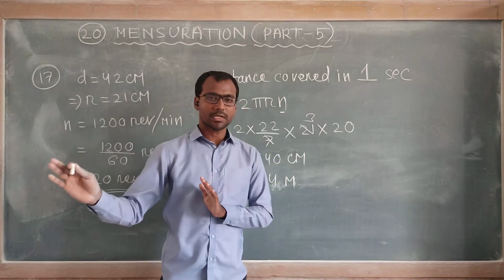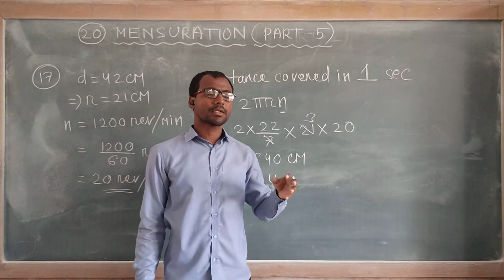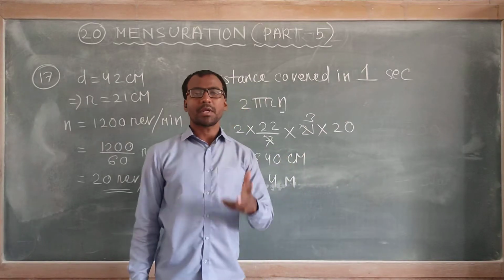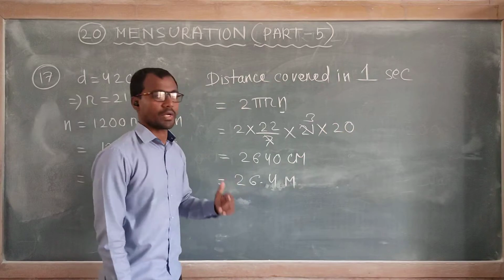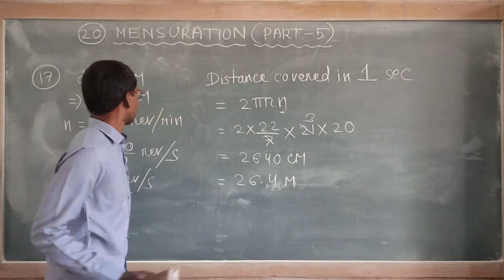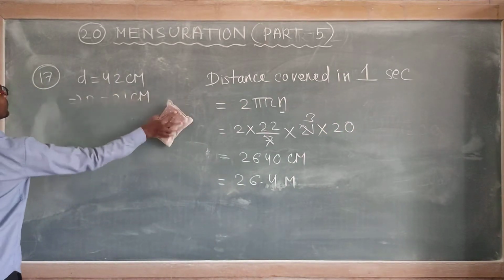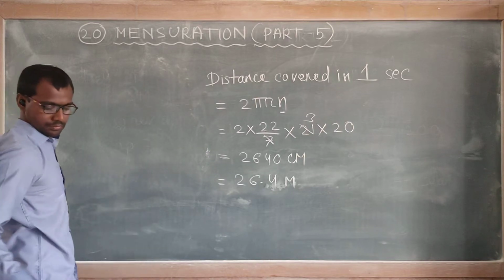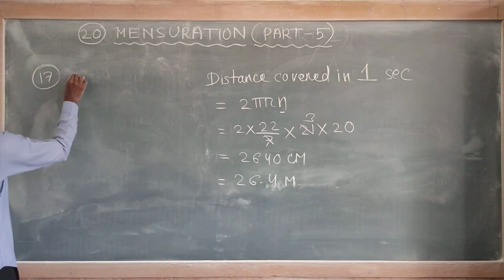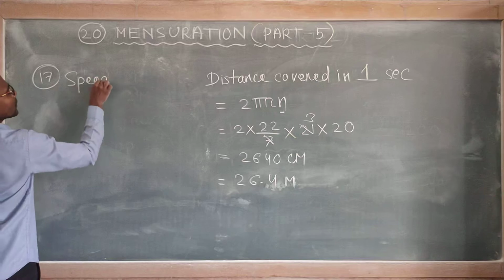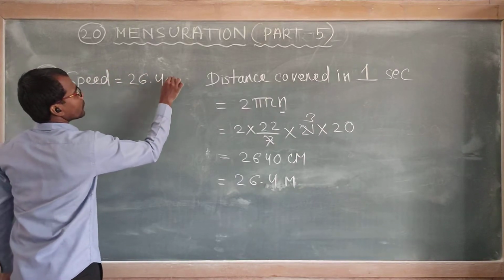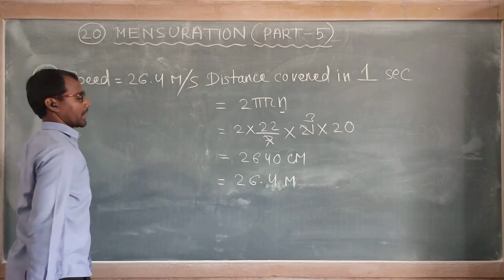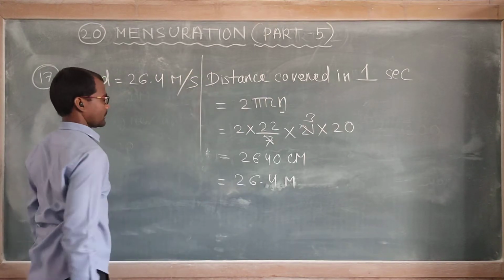Distance in a specific time, 1 second, is nothing but speed. So this is the speed of the train. Speed is equal to 26.4 meter per second.